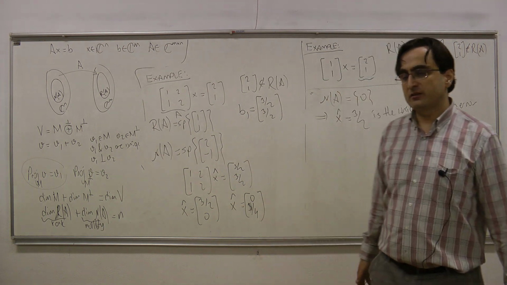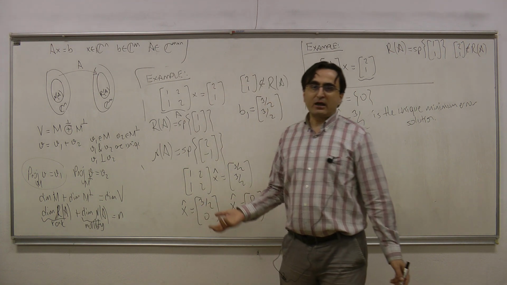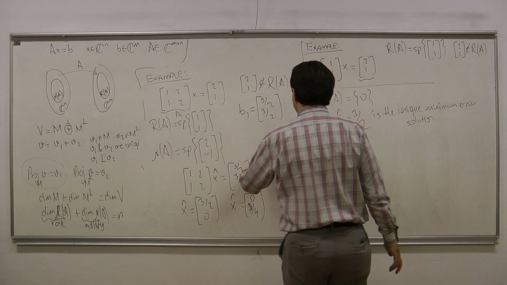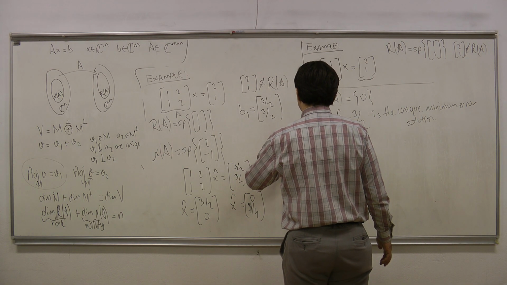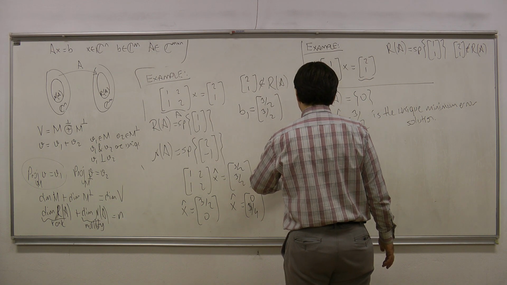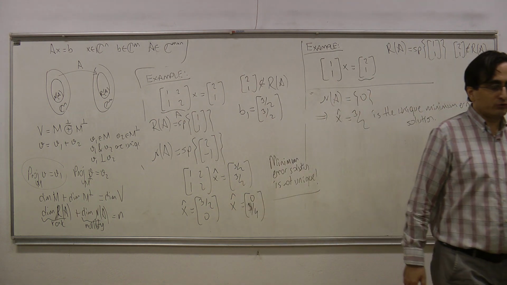They would result in the same minimum error, but that is actually telling us that the minimum error solution is not unique. The minimum error solution in this case is not unique. So we have infinitely many minimum error solutions.